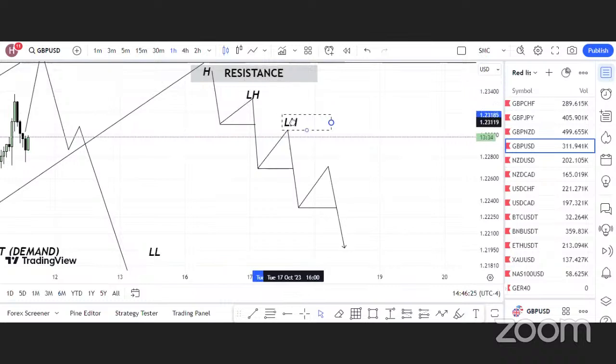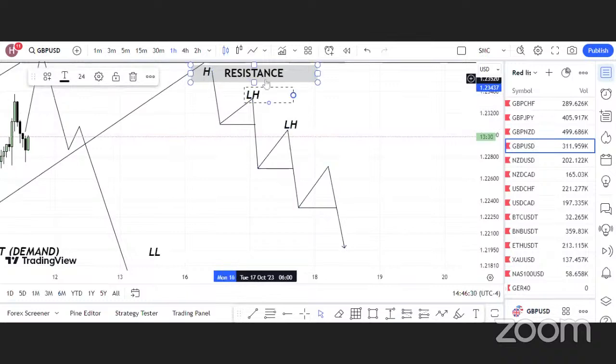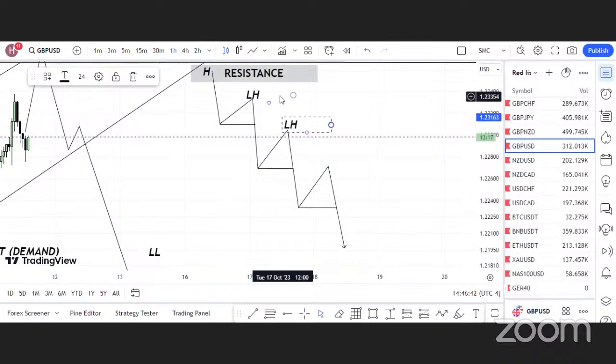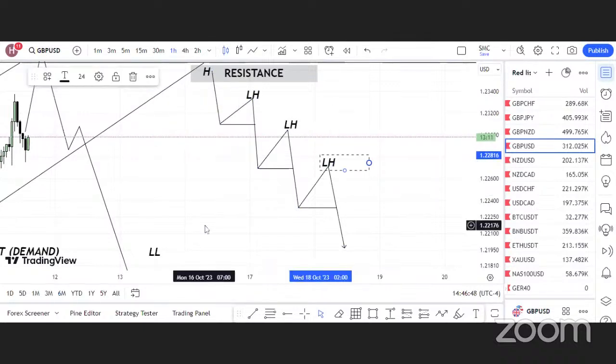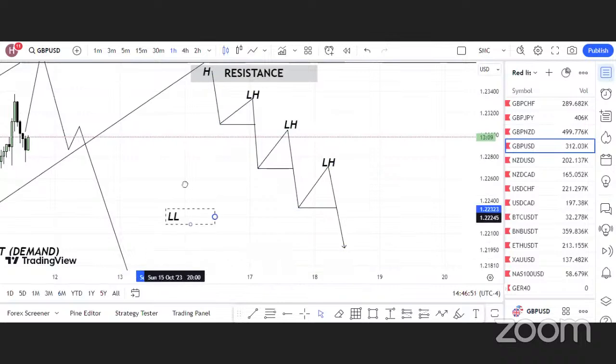How is this a lower high? You see, it's a new high that was created, but it's lower than the previous high. So every time a new high is created when the market is going down, it's creating a lower high.